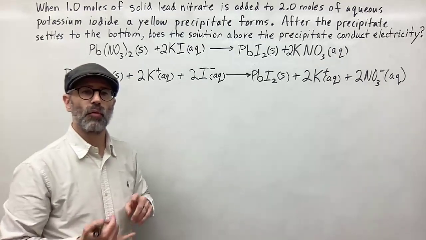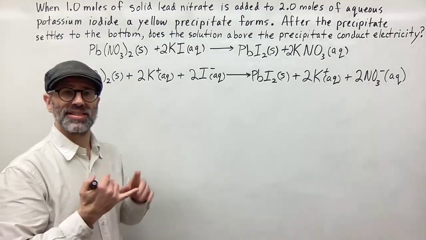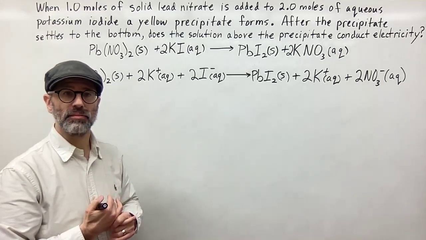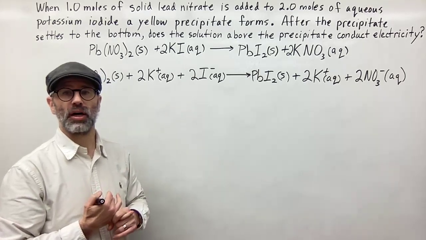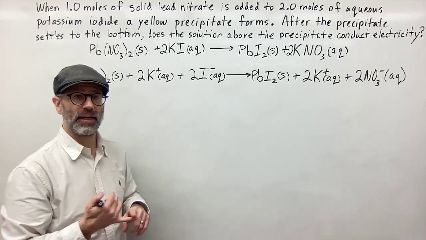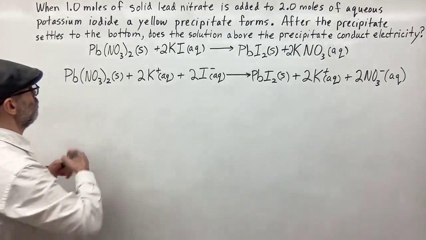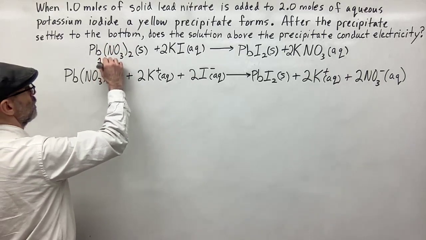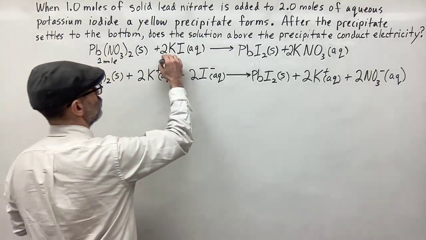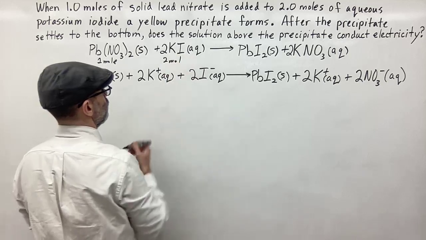They say we have 1 mole of solid lead nitrate, and we have 2 moles of aqueous potassium iodide. So we have 1 mole of this and 2 moles of this.